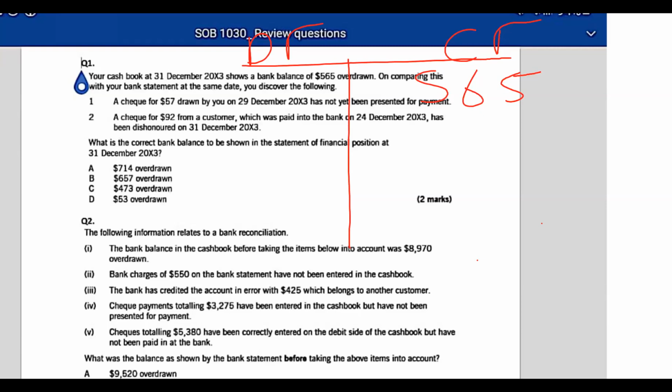And then we have also drawn the check of $57. It also has to sit on the credit side because we have drawn it. Then the check of 92, which was dishonored, also sits on the credit side, and we total it up to 714 as overdrawn.